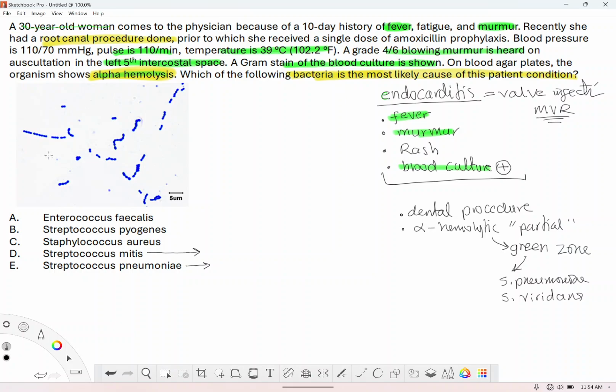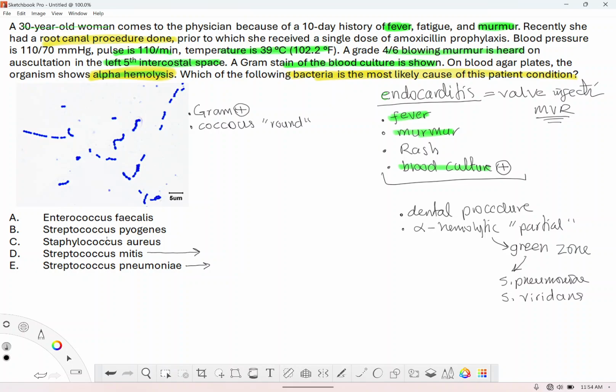We see a chain of round cells, gram positive, because it's stained blue or purple. Gram negative will stain pink. It's coccus because it's round cells, not rod or bacilli. So therefore it's streptococci.